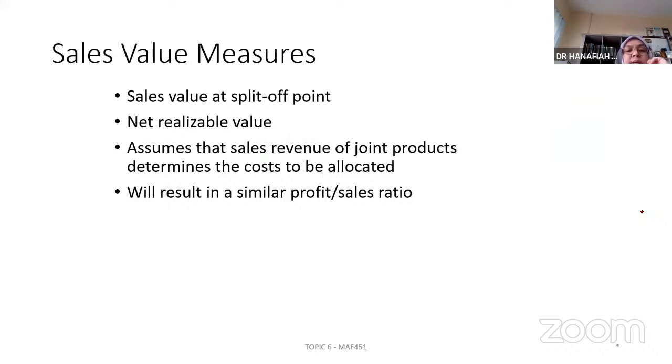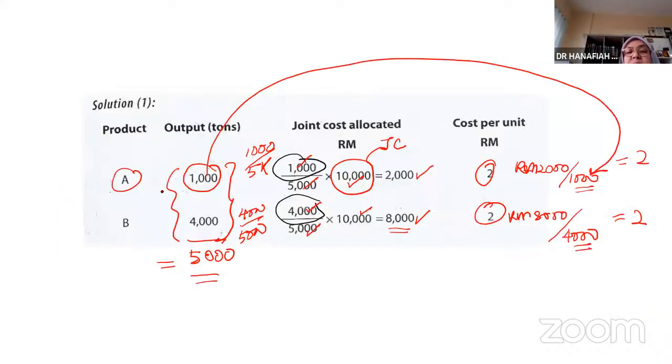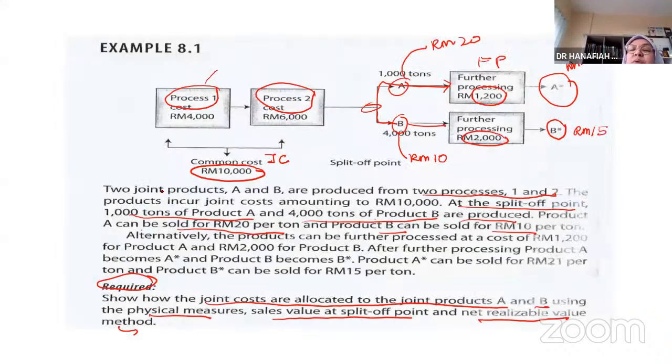And if you are required to base on the sales value measures, where the sales value is at the split off point or at net realizable value, let's look at the example. Let's say we calculate at the sales value at the split off point, which is the price just now, 20 ringgit.